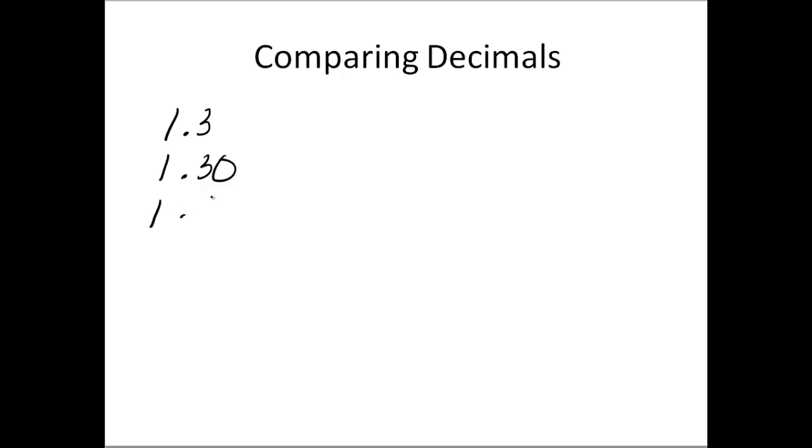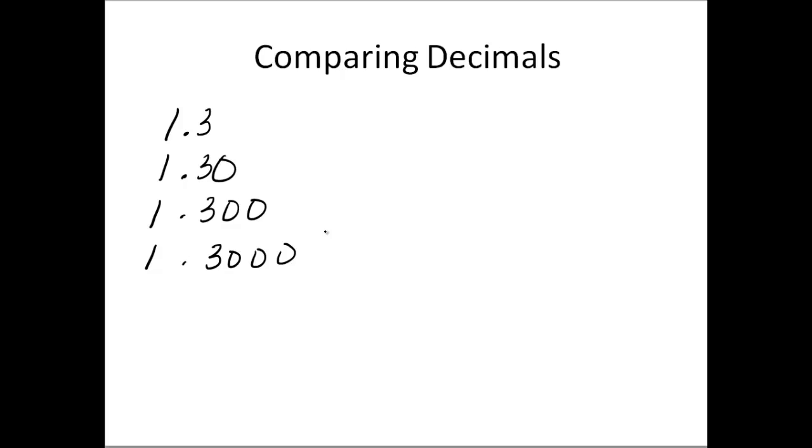If we added another terminal 0, that would give us 1.300. Let's add one more just to show you that no matter how many terminal zeros we write at the end of a decimal number, it does not change the value. This value is still 1 and 3/10, regardless of how many zeros follow the 3.